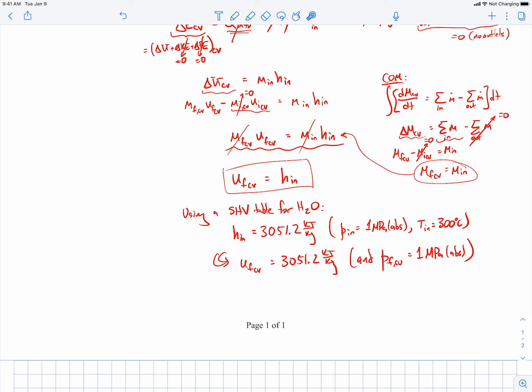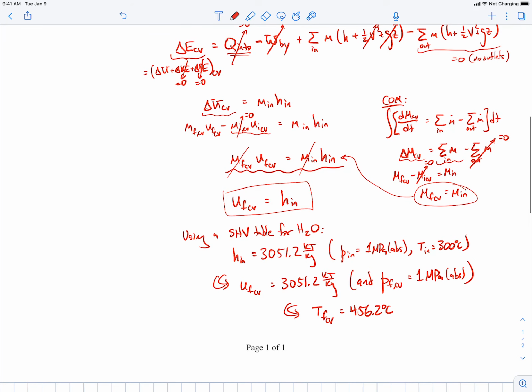It comes out to be 456.2 degrees C after a little bit of interpolation. This is from the superheated vapor tables.